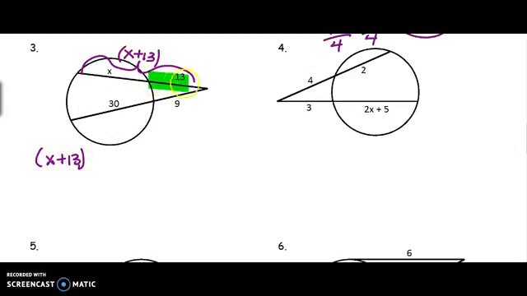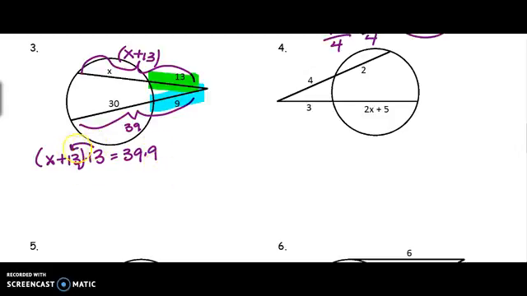And then we multiply it by the outside piece of that same secant. So it's times 13. We set this equal to the second secant, so the bottom one, and 30 plus 9 is 39. So that's our whole times the outside piece of that secant, which would have a value of 9.